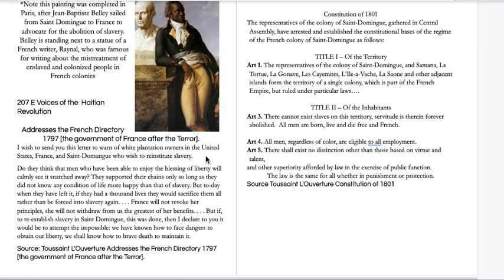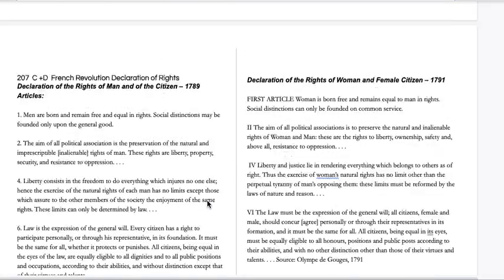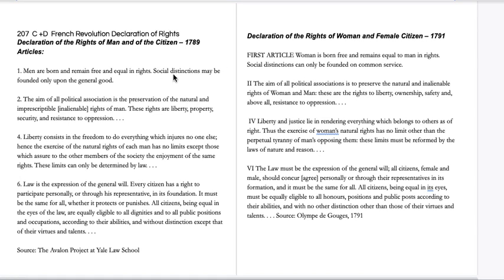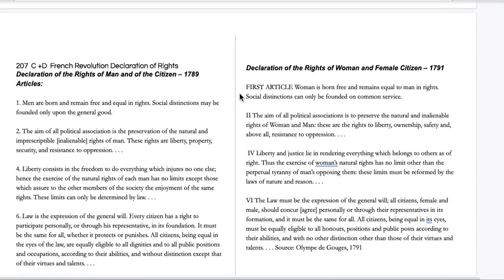This letter to the French Directory, where they're trying to say, hey, these people are trying to bring back slavery and we've already had liberation. You can also use the Declaration of Rights of Man and of Citizen, or the Declaration of Rights of Woman and Female Citizen. These are good examples of compelling ideas about freedom, Enlightenment ideas about freedom that you can incorporate into your letter to get people to join you from outside, free people to join you from outside.